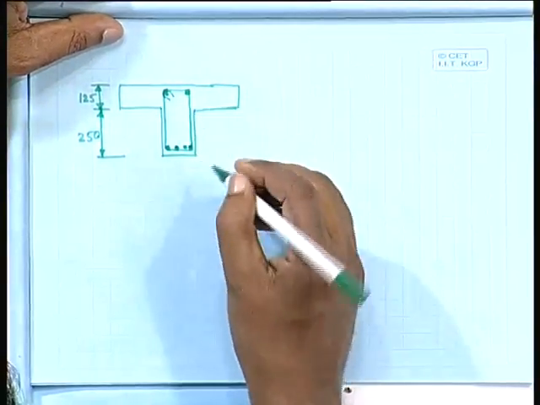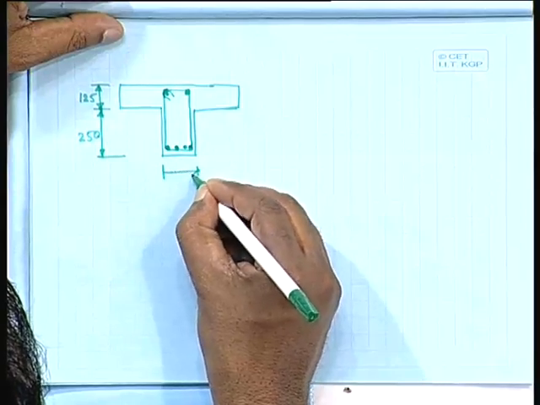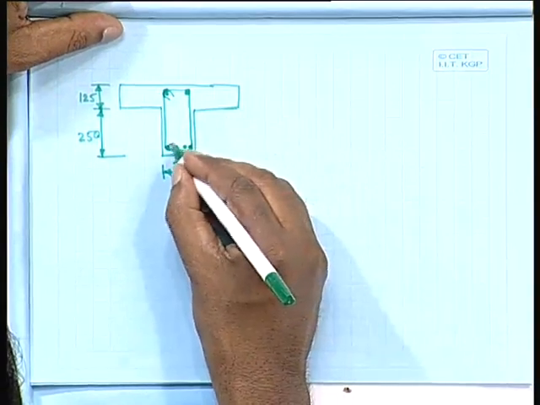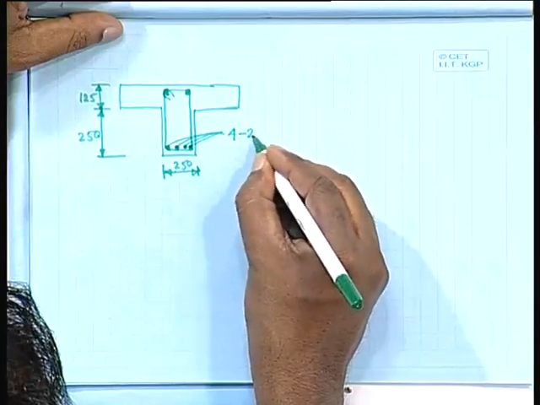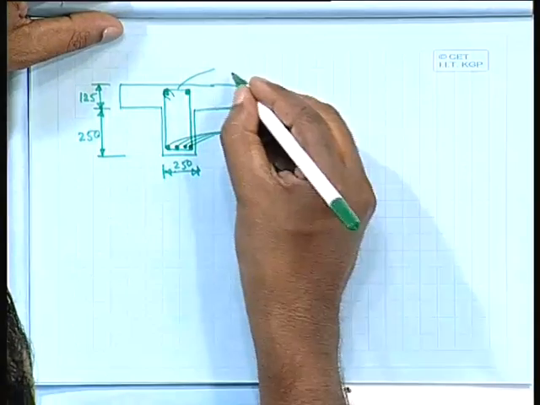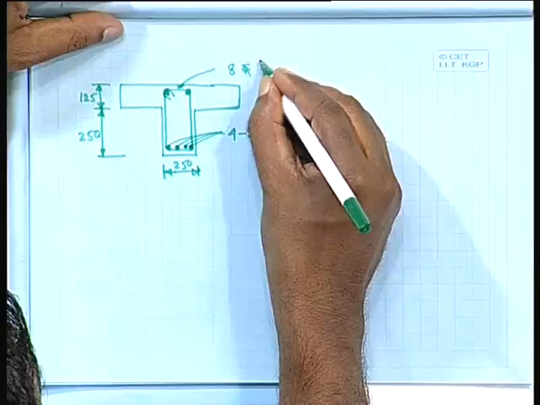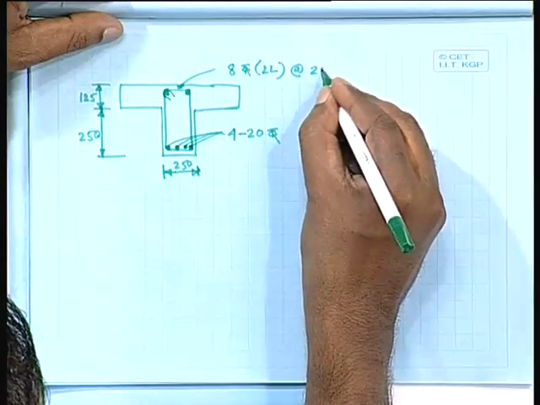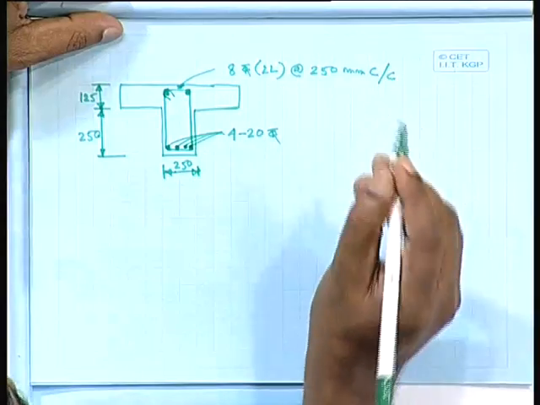So, we shall get 250, 420 Tor, 8 Tor 2-legged at the rate of 250 millimeter center to center.